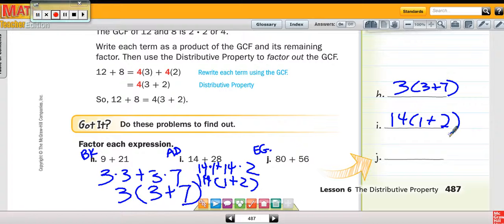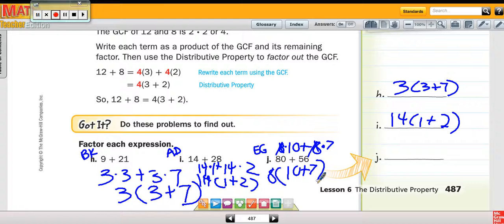Letter J. So I did 80, and it'd be 8. 8 times 10 plus the 8 times 7, and then I take out the 8, put it right there with parentheses, and then put the 10 there, and then plus the 7 right there.